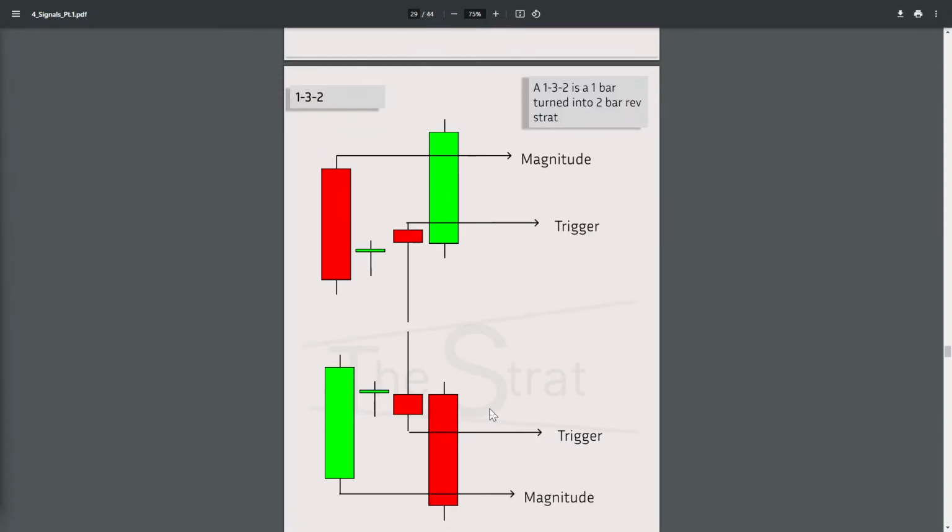A 1-3-2, very similar to a 1-2-2. Same situation though. Inside bar broke to the downside, went outside bar. So the sellers aren't here. The buyers stepped up and then they continued that direction, becoming an outside bar of the mother bar yet again.